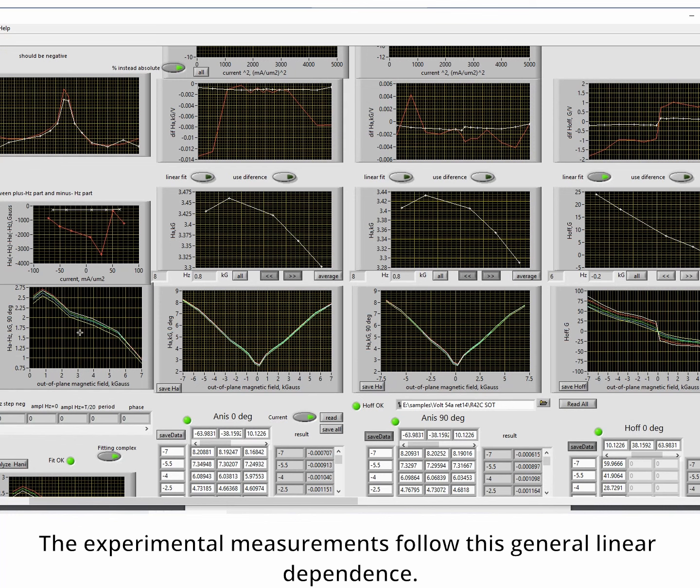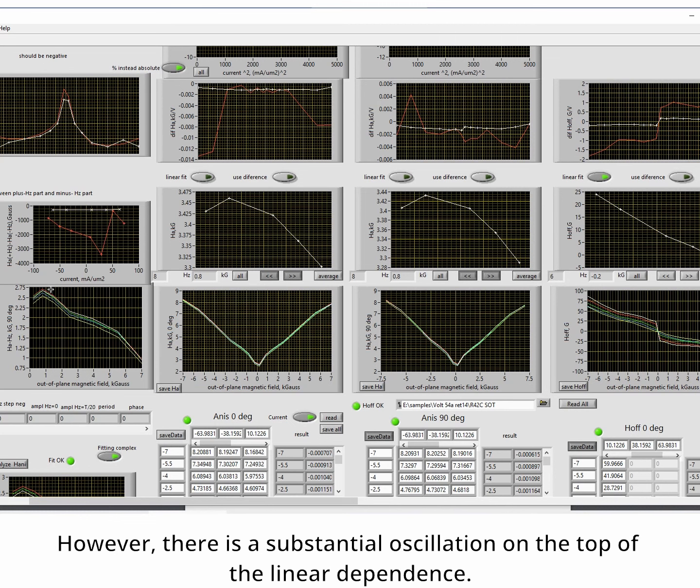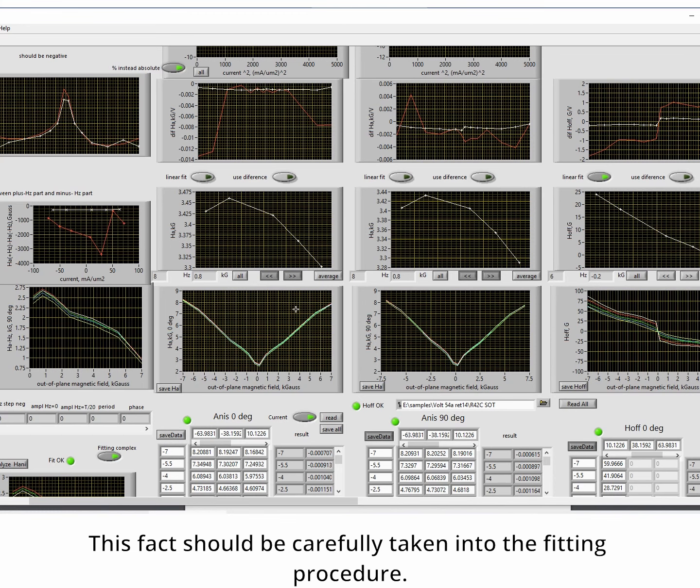The experimental measurements follow this general linear dependence. However, there are substantial oscillations on the top of the linear dependence. This fact should be carefully taken into the fitting procedure.